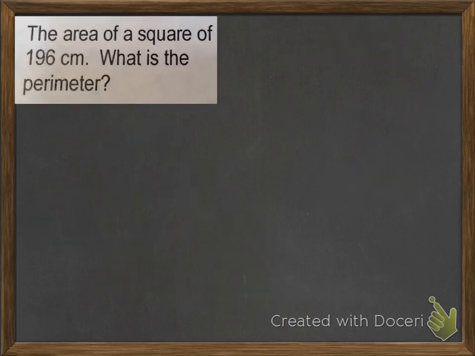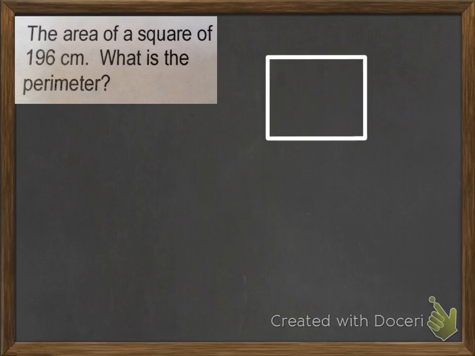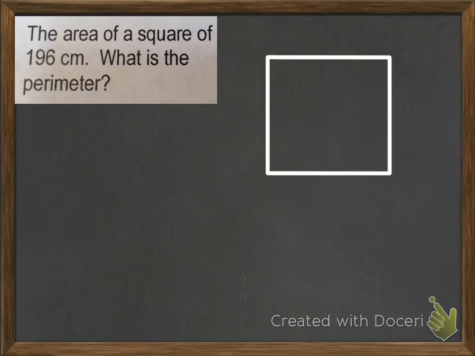In this problem, they say the area of a square is 196 centimeters squared. What is the perimeter? Let's draw a picture. This is a square, and it says the area of the square is 196 square centimeters. So we need to find the perimeter. To find the perimeter, I have to figure out the side.